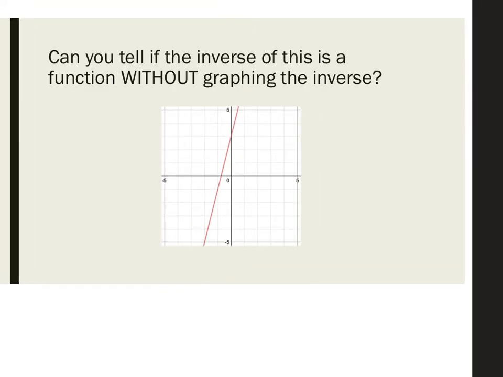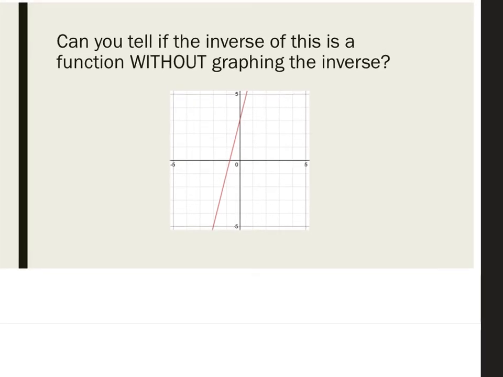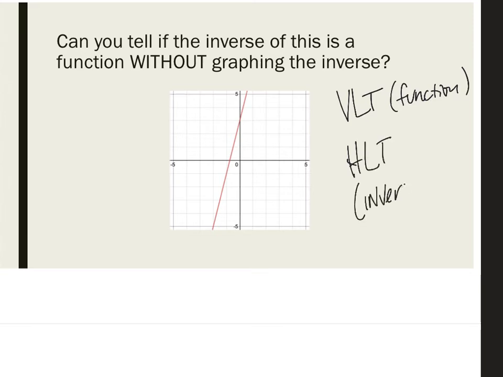Now this is kind of a cool slide. How can you tell if the inverse of this is a function without graphing the inverse? I know graphing the inverse is actually pretty easy, but if the vertical line test is the test to tell if something is a function, then the horizontal line test is to tell you if the inverse is a function.